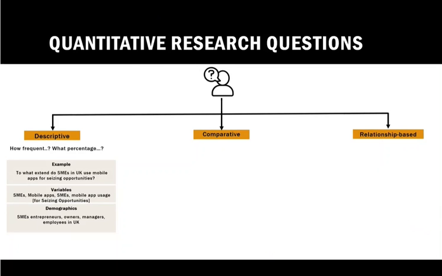So when you're talking about SMEs, you cannot just ask questions from an SME. Somebody must represent the SME. And in this situation, you have entrepreneurs, the owners of the SMEs, the managers, or even the employees of the SME within the UK. So again, there is a boundary.